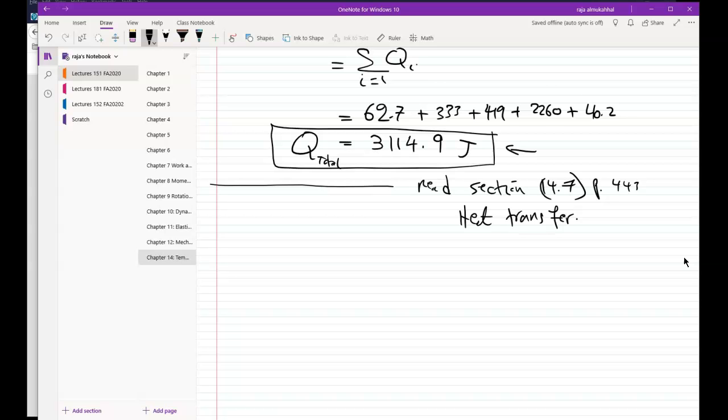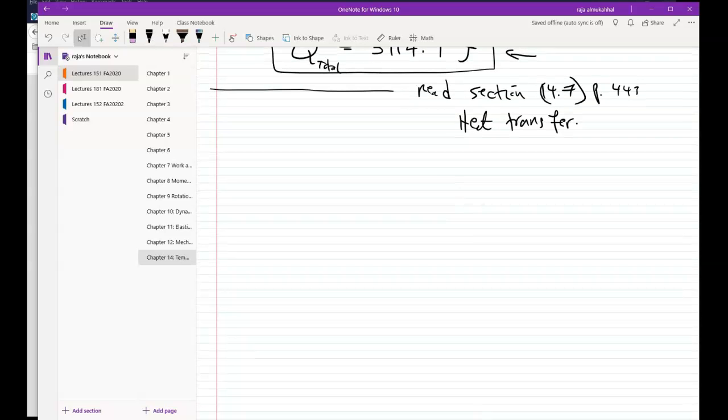You read the section, I hope, and then you may want to come back and look at the example that I've done. Specifically, I'm talking about transfer by conduction. There are three kinds of heat transfer: conduction, convection, and radiation. We are going to concentrate only on the conduction part.